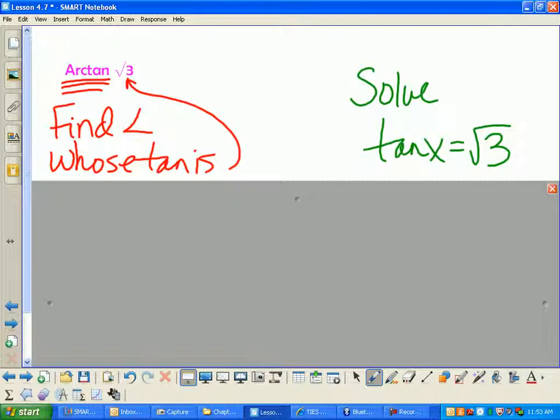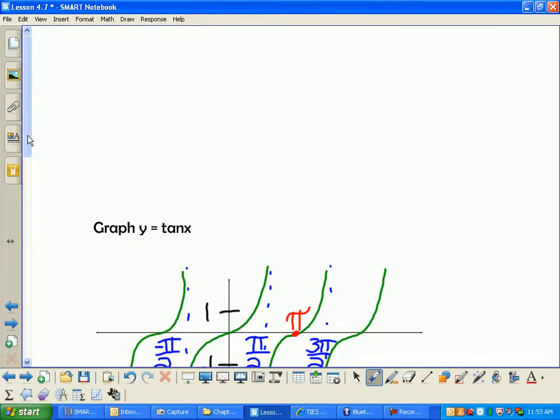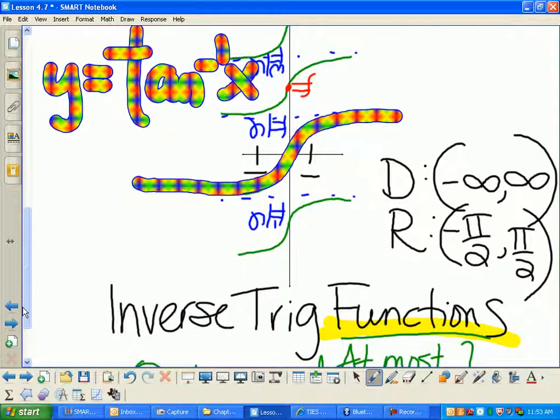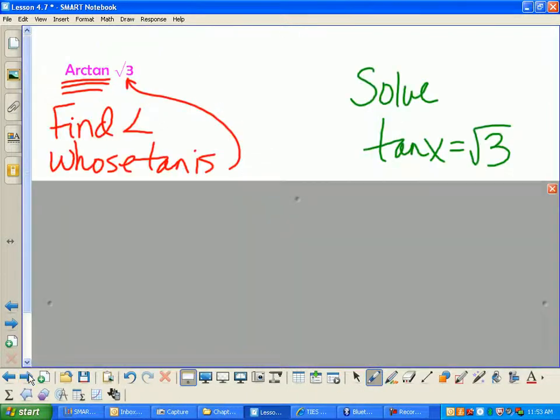When you solve an equation, you're coming up with all the possibilities, so this could have many, many solutions for x. But when you evaluate a function, it's one input, one output. So this is telling you to find the one angle, but it has to be in our specific range. So we're looking for the one special angle in our specific range, and you need to remember what those specific ranges are.